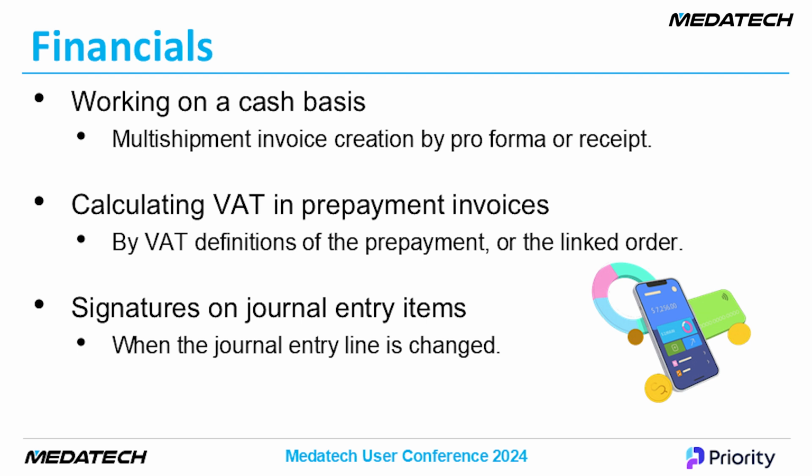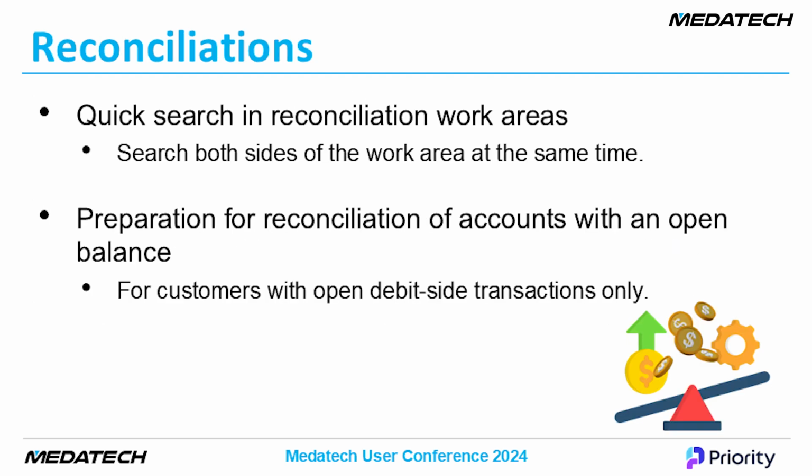Moving on from that, once we've updated our bank statements, we're going to want to do a reconciliation. So it's now possible to do a search on both sides of the work area at the same time. And it's also possible to prepare reconciliation accounts for customers with open debit-sided transactions only.